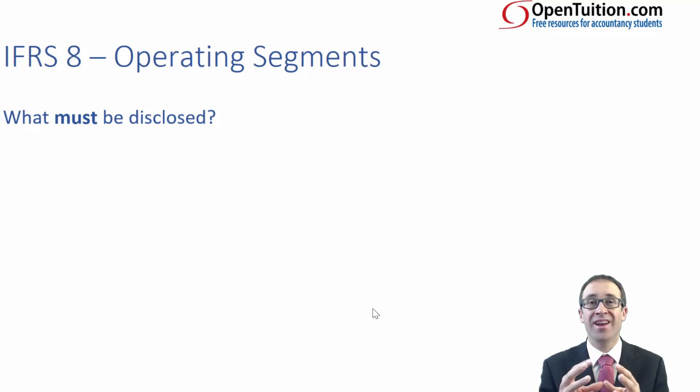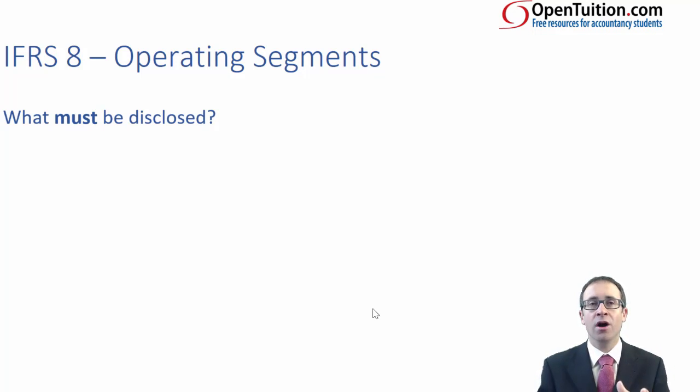So this determines the number of segments that we must disclose. If a segment doesn't meet the tests here, then you can still disclose it voluntarily. But clearly you need to be a little bit savvy about disclosing too much information within your operating segment notes. So what must be disclosed?